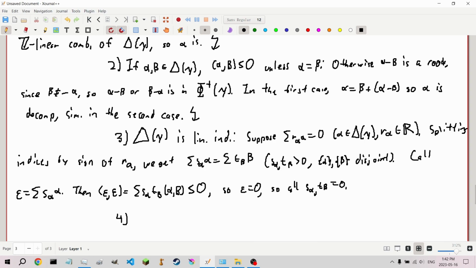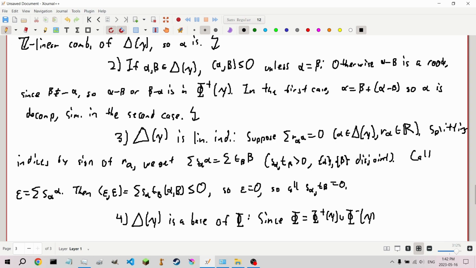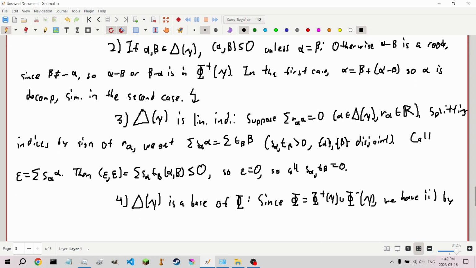Condition. Step 4, that delta of gamma is a base of our root system. Since we've seen that phi is phi positive of gamma and phi negative of gamma, their union, we have condition 2 by step 1.